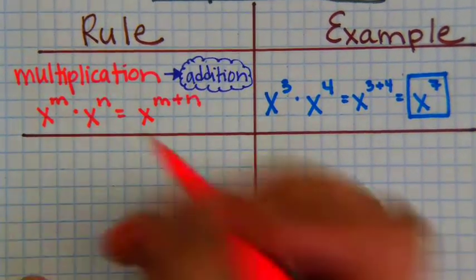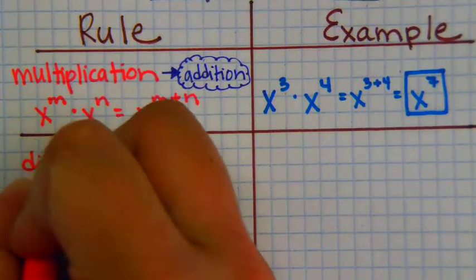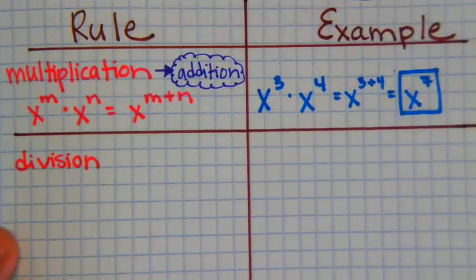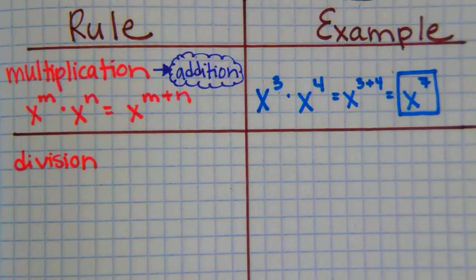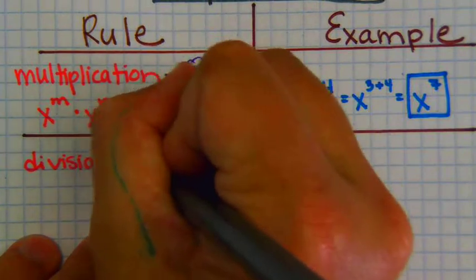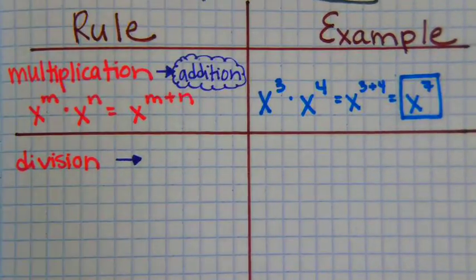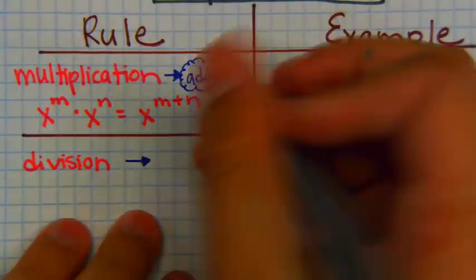So the next rule is for division. Division goes with, well, let's think about this for a minute. Multiplication goes with addition. So we think division goes with subtraction, exactly.